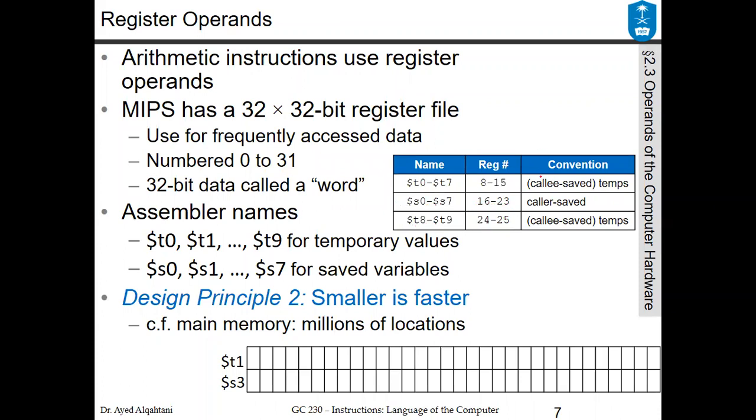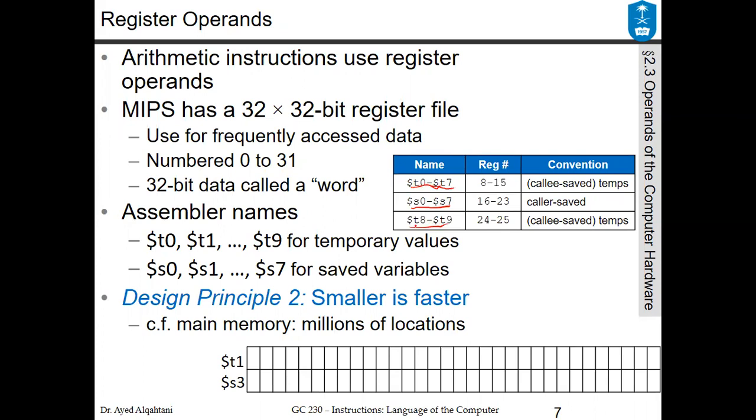As you can see here in the descriptions, the temporary registers are used usually inside a function or a method, and the S, when you care about the value being an input variable or an output, whether it's source or destination, you put it in a saved register. When you use temporary, it's temporary.